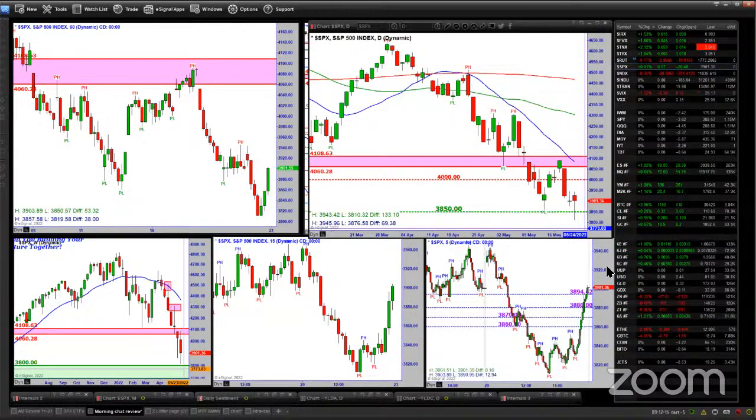And on the downside, there's premium down here below 3850. So 3810. And if it should drop in the first 15 minutes or so, maybe even 3,800.